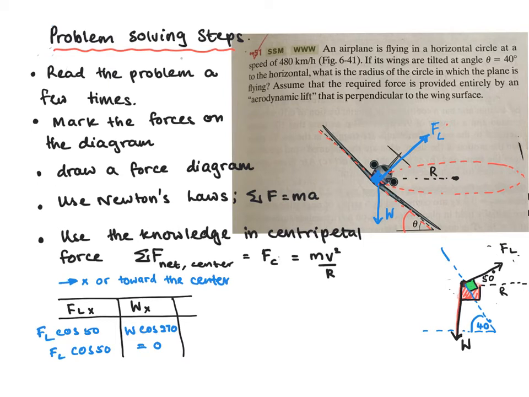And A sub C, that is the centripetal acceleration, we can call it V square over R, or simply AC. Okay, now I am going to the other side, to the other page. Let's do that.